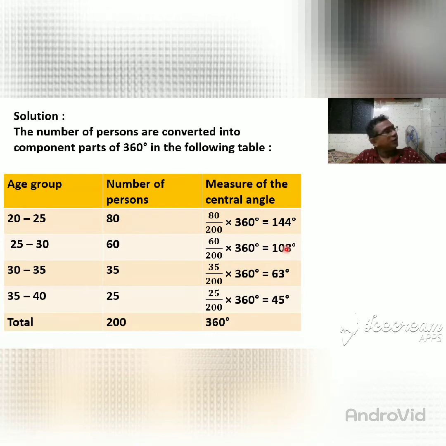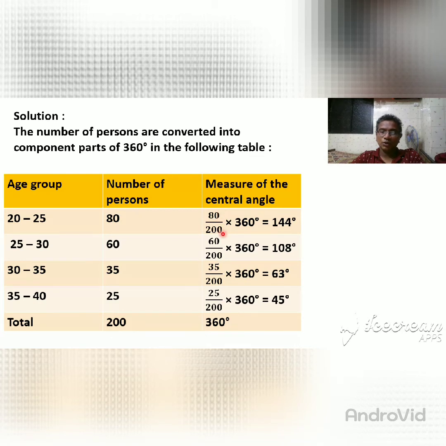Do you understand? If you don't understand, then I will explain again. See, 80 plus 60 plus 35 plus 25, the sum is 200. First I want to find the angular measure of 20 to 25. What is the frequency? 80. So 80 is the numerator and the total is the denominator. So 80 upon 200 into the angular measure of the circle, 360.